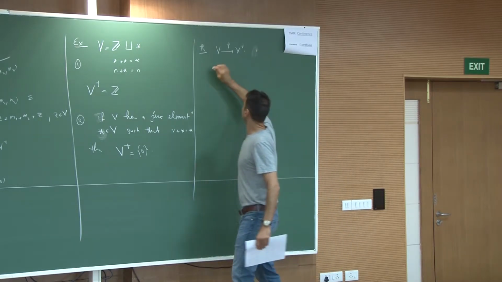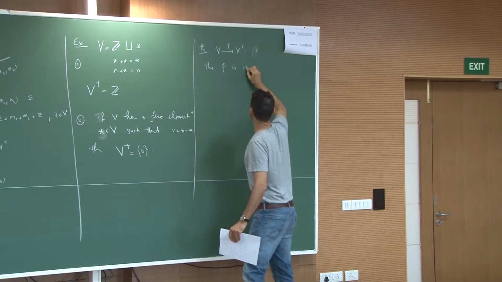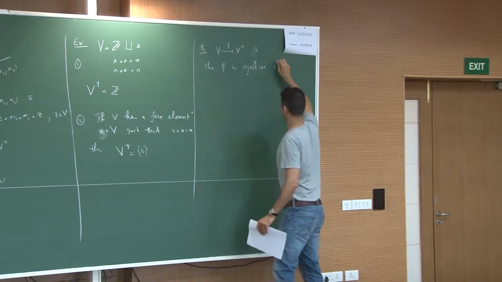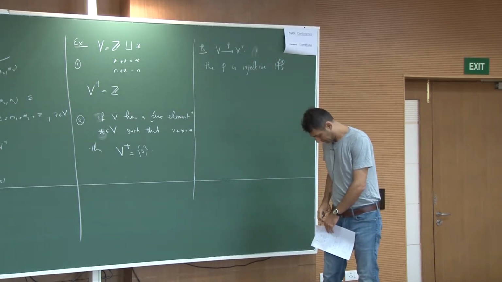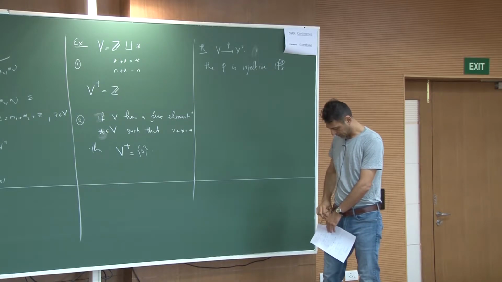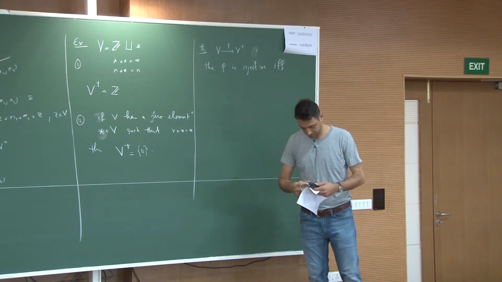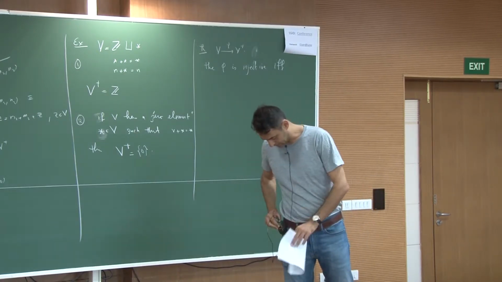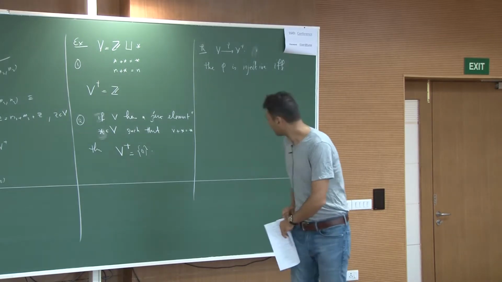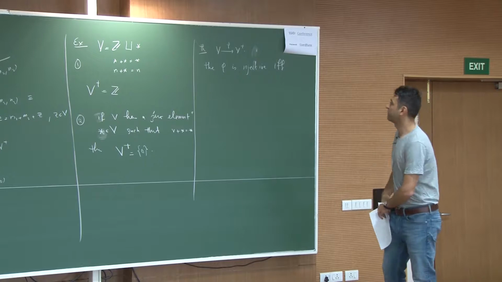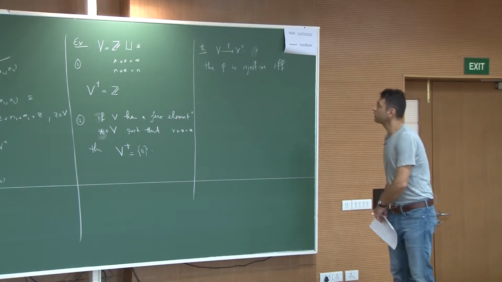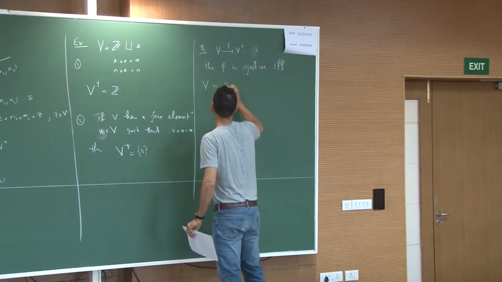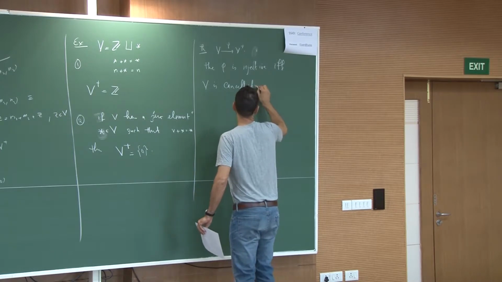Then this phi is injective. Okay, so now you have this map, and then phi is injective if and only if V is a cancellative monoid.